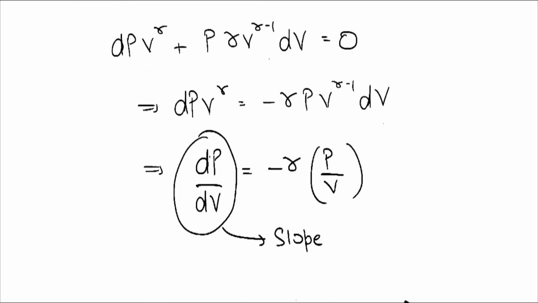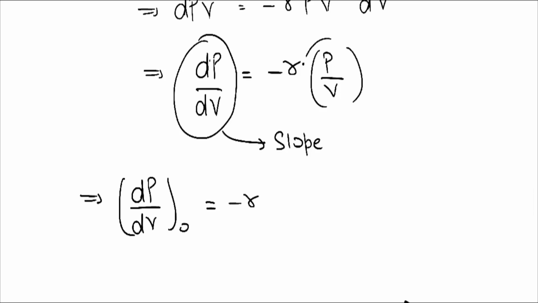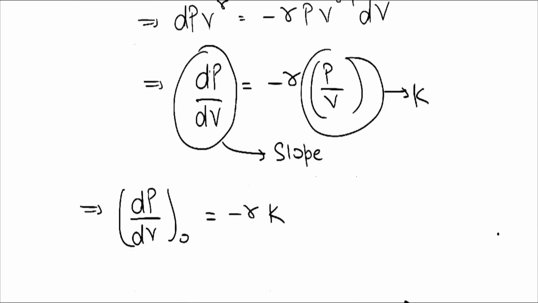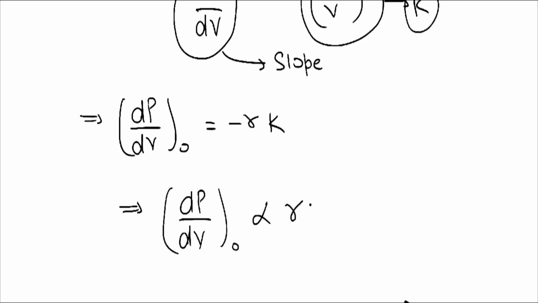Considering point O, the slope at point O, that is dP by dV at O, will be equal to minus gamma into P by V, let's call this value K. For both the processes at point O, P and V will be the same, therefore we have taken P by V as a constant K. Therefore we can say that dP by dV at point O is proportional to gamma.